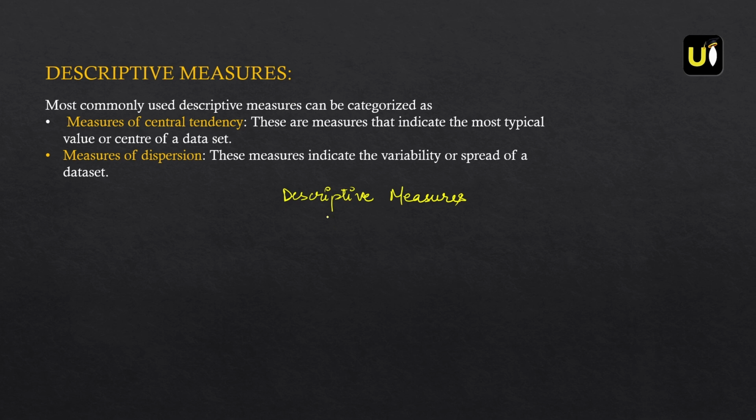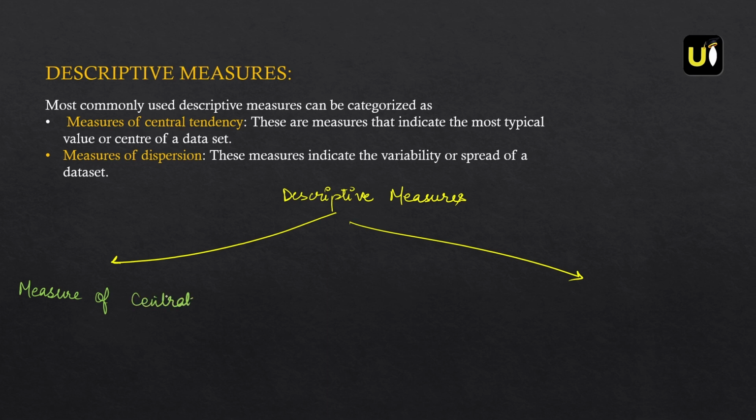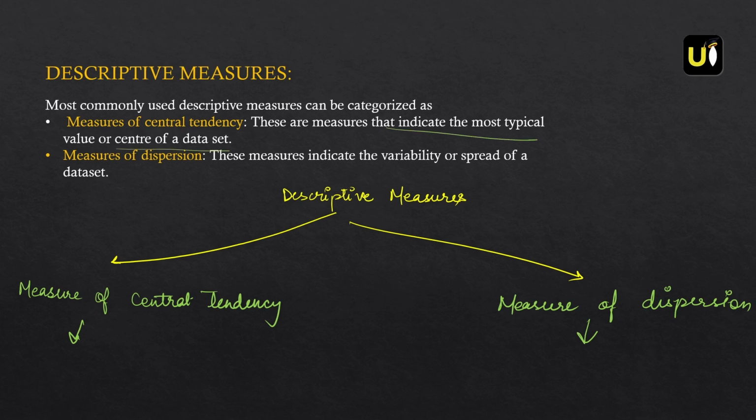So these are the measures that include the most typical value or the center of the data set, and measure of dispersion indicates the variability or the spread of the data set.